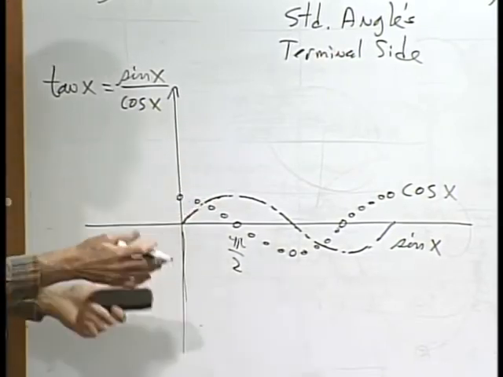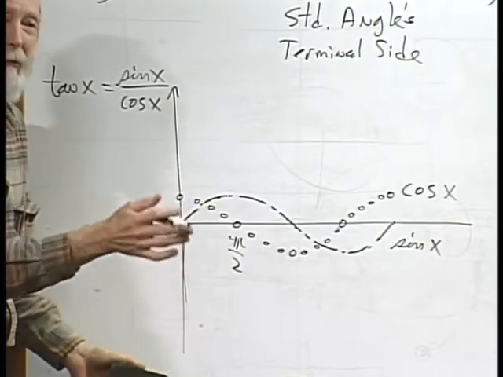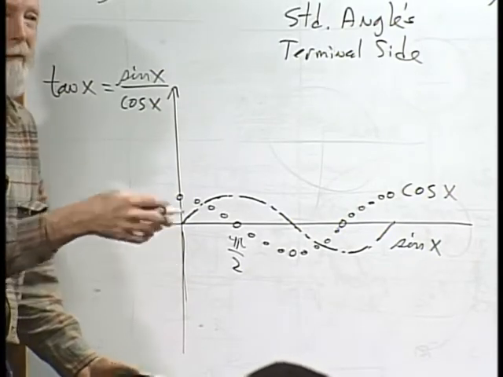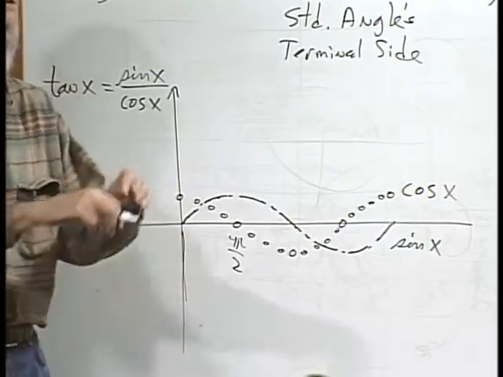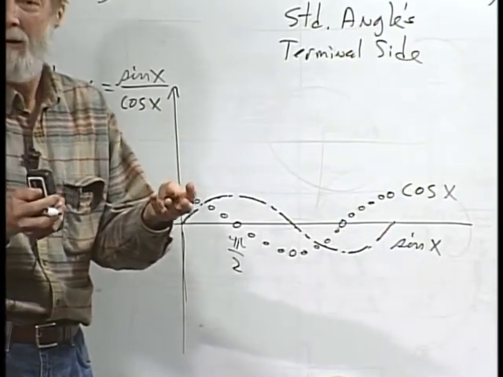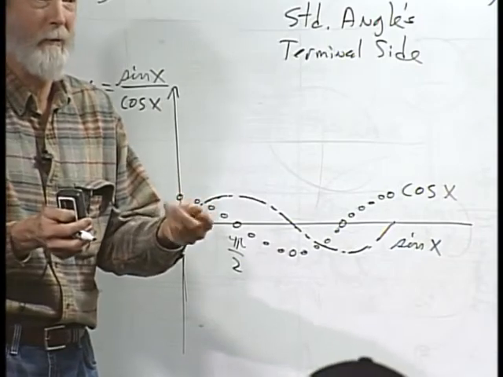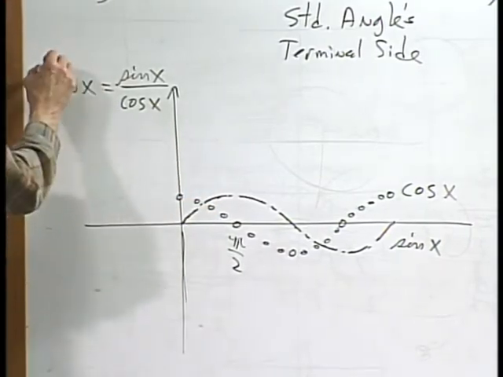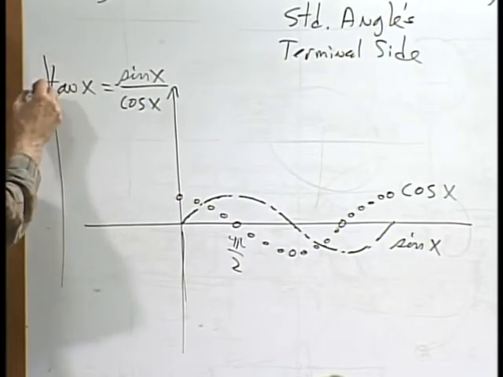Oh, and how do you typically build a graph the first time? When you have a weird-looking new function, how do you typically build the graph? You plot some points, don't you? So you probably would be building yourself a table of values.